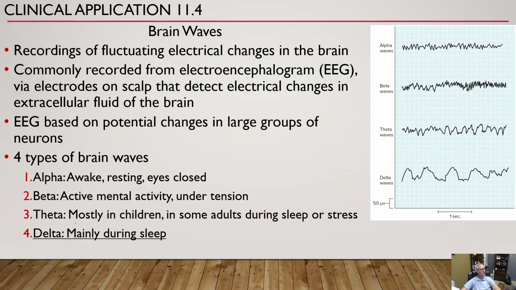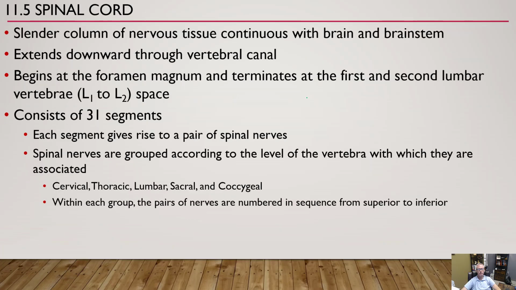Basically, when you're sleeping, they're going to be looking at your delta waves. The only thing you have to memorize from this slide is that delta waves are mainly seen during sleep. When you have a sleep study, they're going to do this EEG, electroencephalogram.